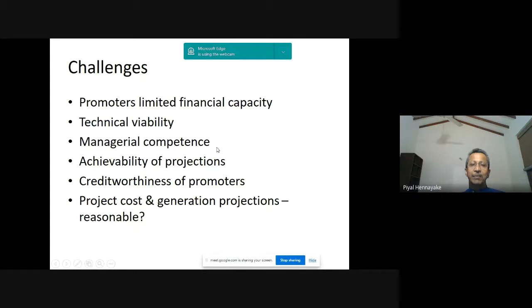And the managerial competence, achievability of projections, creditworthiness of promoters, and whether the project cost and generation projections are reasonable. I think Ms. Dilunika also touched on these areas in her risk presentation.